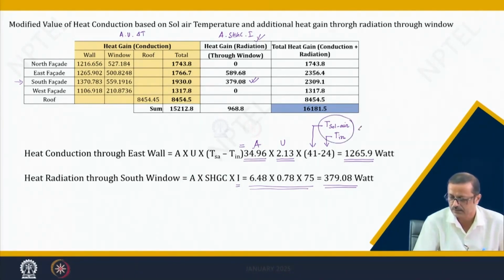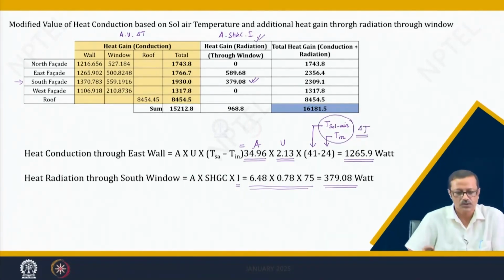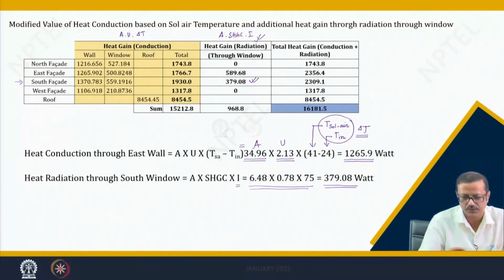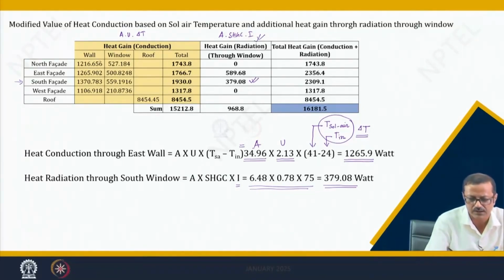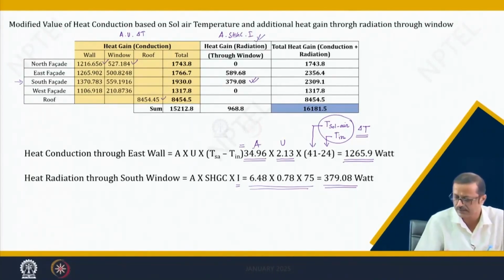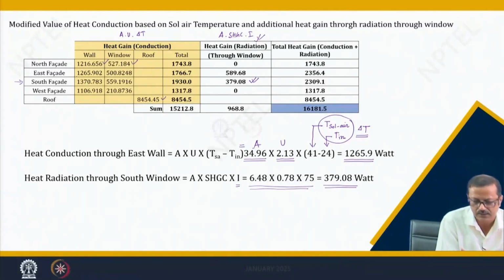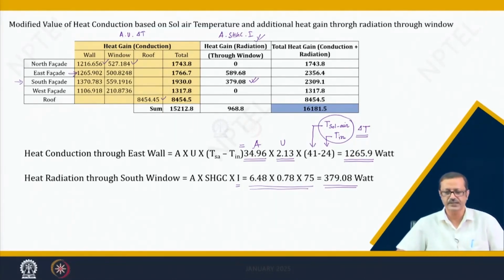So, I am getting heat conduction through all the surfaces, wall, window and also roof, for all the facades, and this heat conduction to the east wall is 1265. This is what I have actually calculated just as a token of explanation.